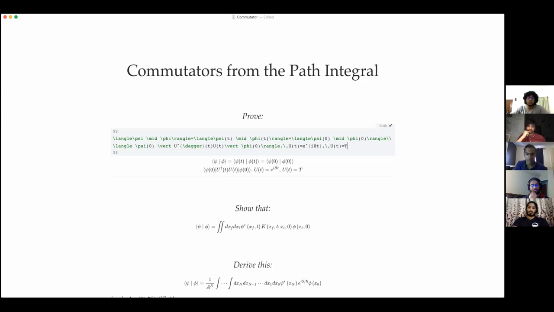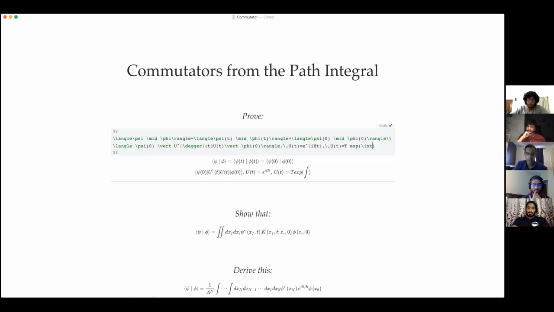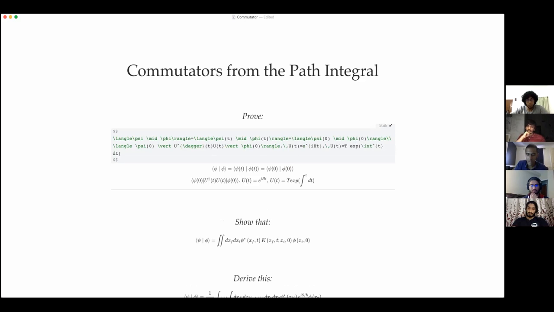So it would be the time-ordered exponential of the integral up to t of dt' H of t', something like this. So in either case, it's a unitary operator.